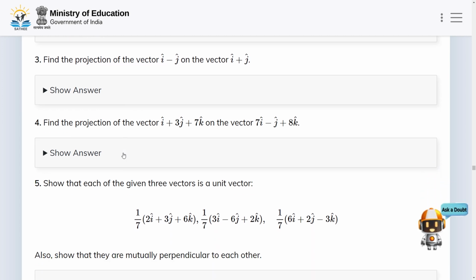Now problem 3. Find the projection of the vector i hat minus j hat on the other vector, which is i hat plus j hat.